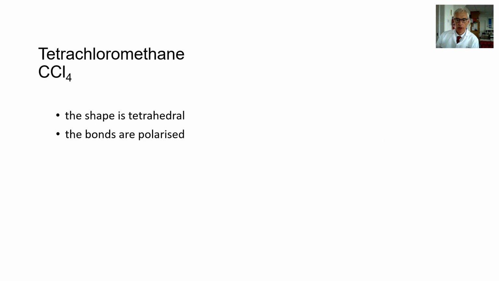Moving on to the last problem, tetrachloromethane. From the dot and cross diagram and applying principles of electron pair repulsion theory, we get that the shape is tetrahedral. Applying the ideas of electronegativity difference, we know that the bonds are polarized.